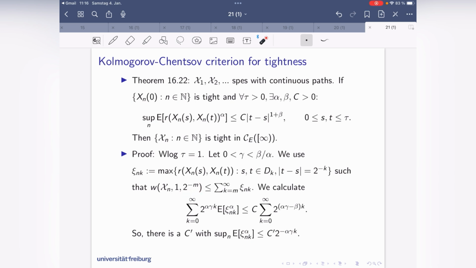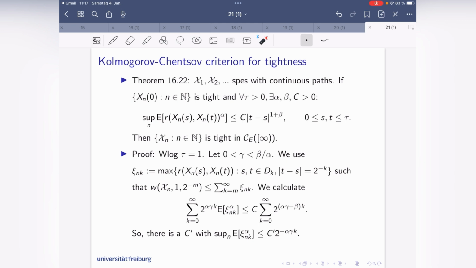And by this at most, I'm summing the psi n k's here, and that's bounded from above. And you can prove that when this thing here holds, that this expectation here is bounded from above by using gamma is less than beta divided by alpha, bounded by this here.